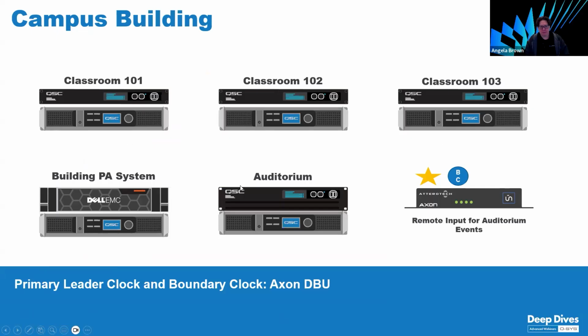All right. So this is actually a campus building. We have a whole bunch of classrooms, and this is that situation where we can not only use the PTP priority 1 value, but also the domain to get a result that we want to get.